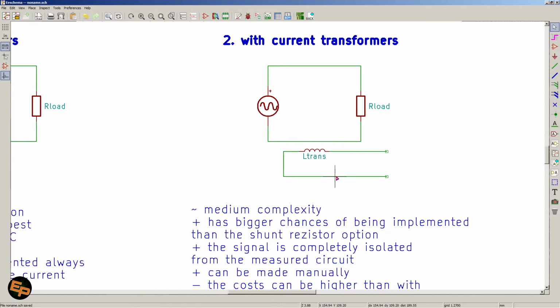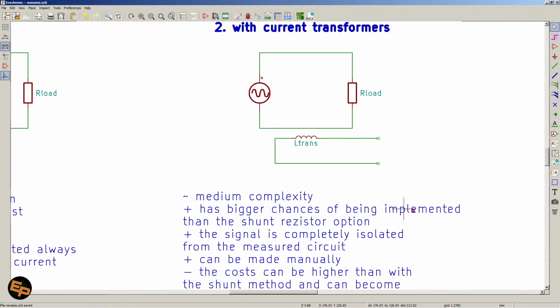So basically by having such an inductor created on a toroidal transformer, and by having the initial current pass through that toroidal transformer, we get a second voltage that's completely isolated, that is proportional to the current in the first circuit, and with which we can work a lot easier.